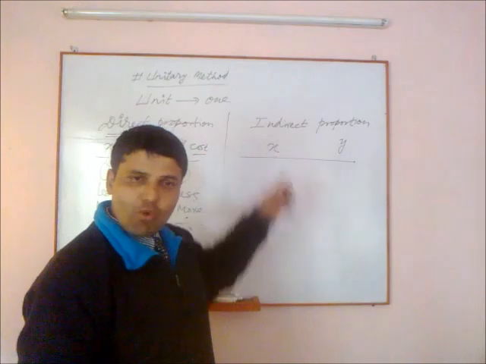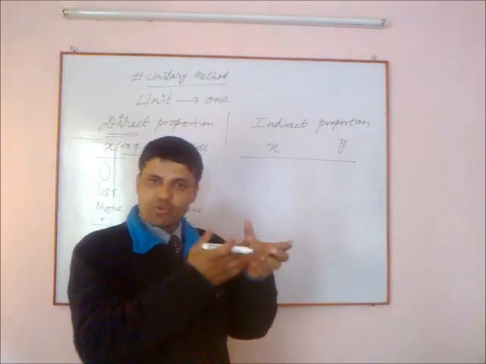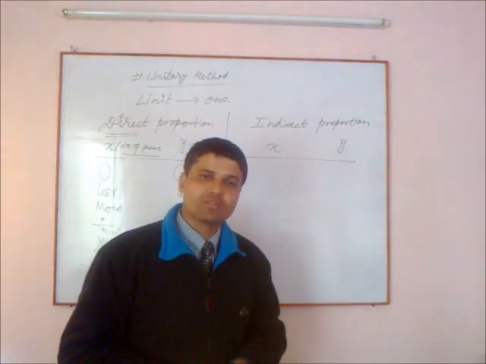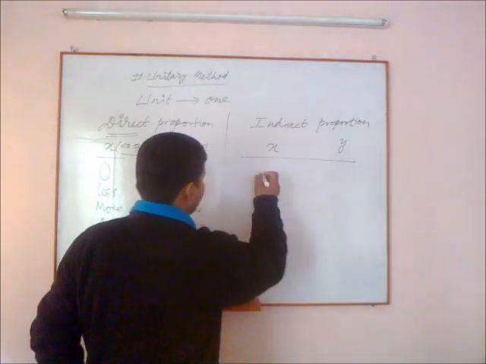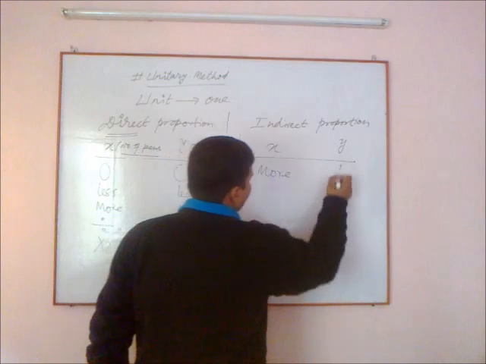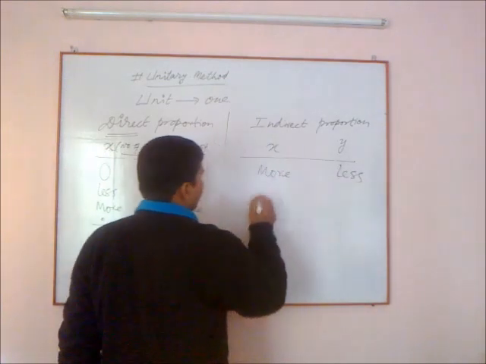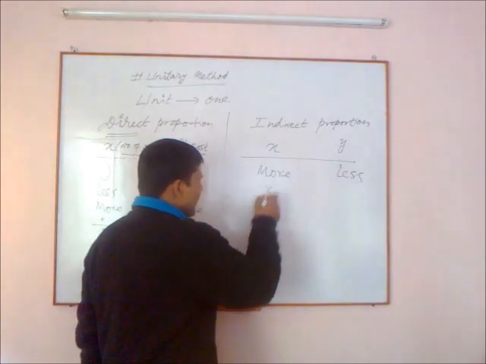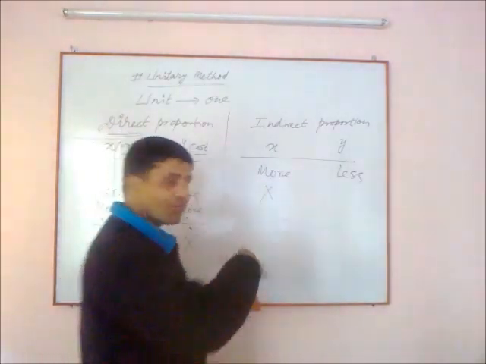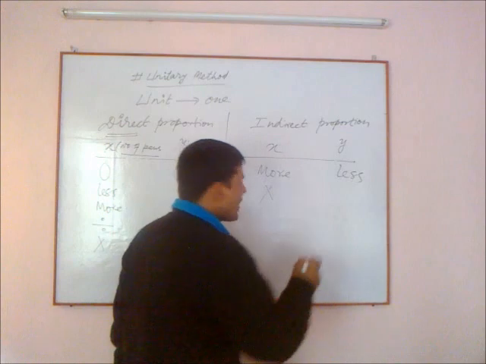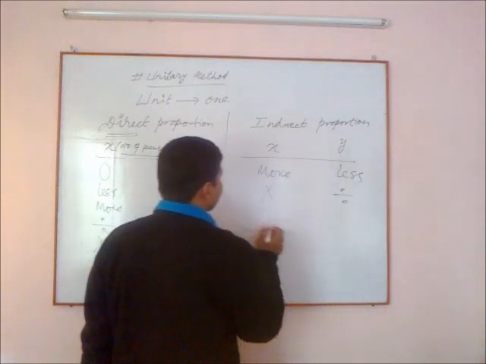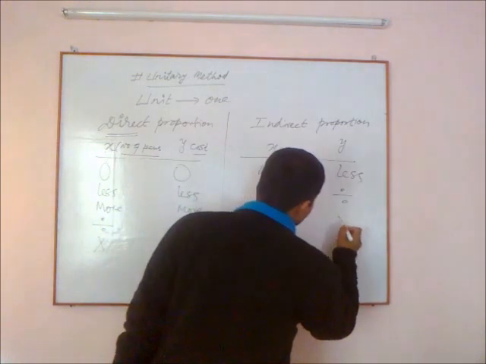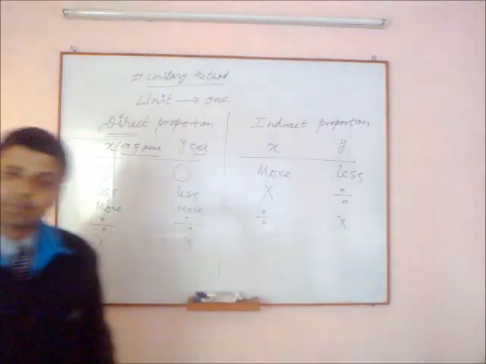If the value of x becomes more, value of y becomes less. If the value of x is multiplied by a number, then value of y should be divided by the same number. And if x is divided by a number, y should be multiplied by the same number.